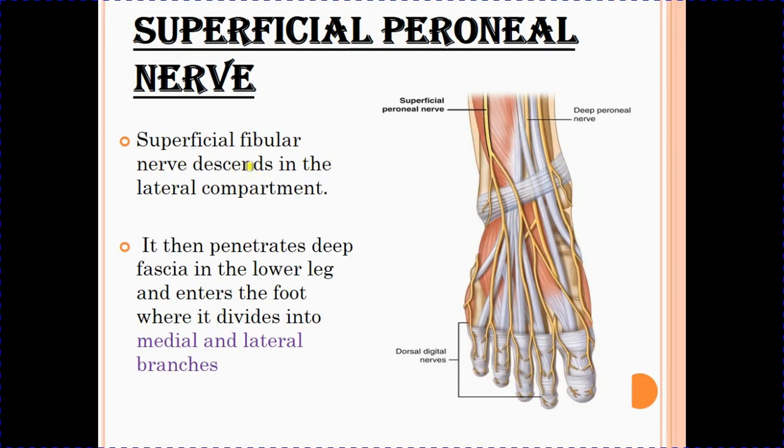The superficial peroneal nerve descends in the lateral compartment between the muscles. It supplies the muscles of the lateral compartment. There are two muscles, peroneus longus and peroneus brevis. Now what it does, it then penetrates the deep fascia and enters the foot. See over here, this is the superficial peroneal nerve.